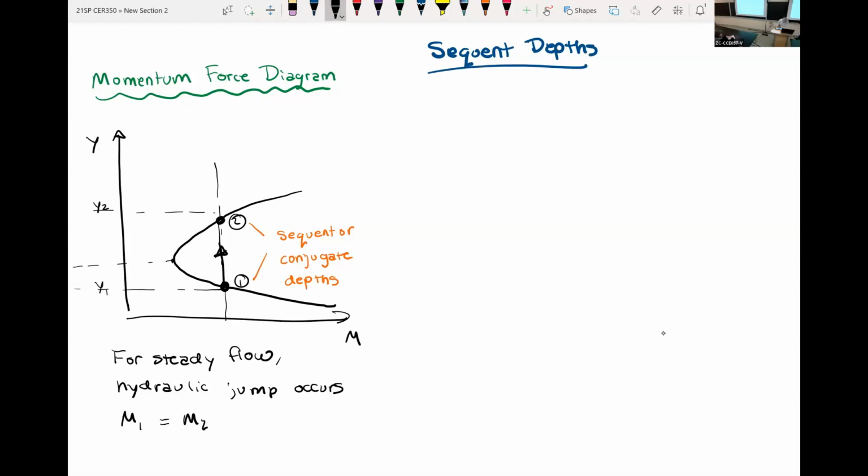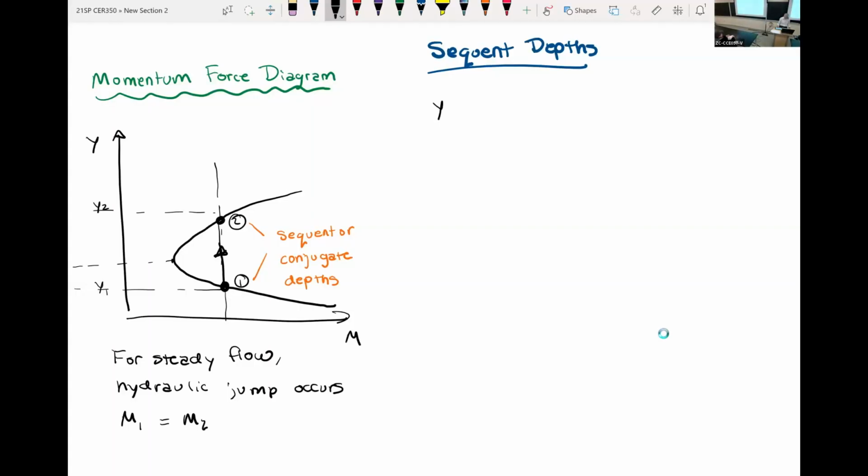And this is a general equation for any channel geometry. Your Y2 is going to be equal to, we can write this a couple different ways. Y2 over Y1 is equal to 1/2 times the square root of 1 plus 8 times the Froude number squared, and that's minus 1.